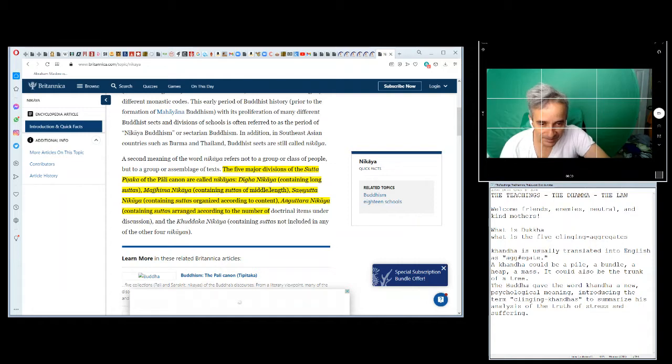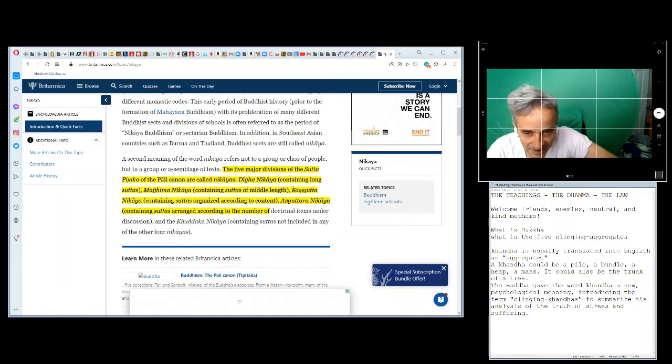I think I know what the Anguttara Nikaya is about. I'm not sure. I'll check on that later. The Khuddaka Nikaya contains suttas not included in any of the other 4. So there's Digha, Majjhima, Samyutta, Anguttara, and the 5th one, Khuddaka.